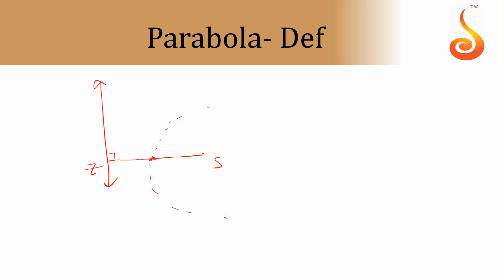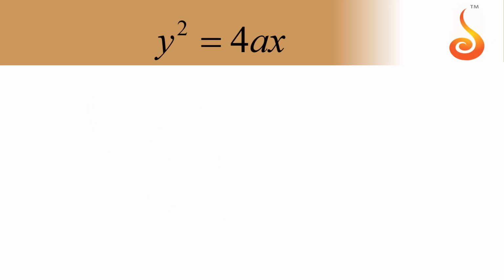You know that y square equals 4ax is the standard parabola. Let us discuss that standard parabola. For y square equals 4ax, the x-axis is the axis and the y-axis is the tangent at the vertex, and the directrix.